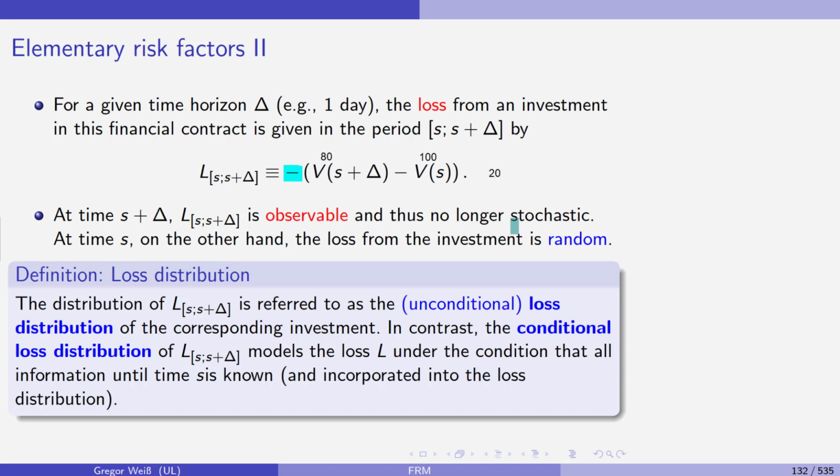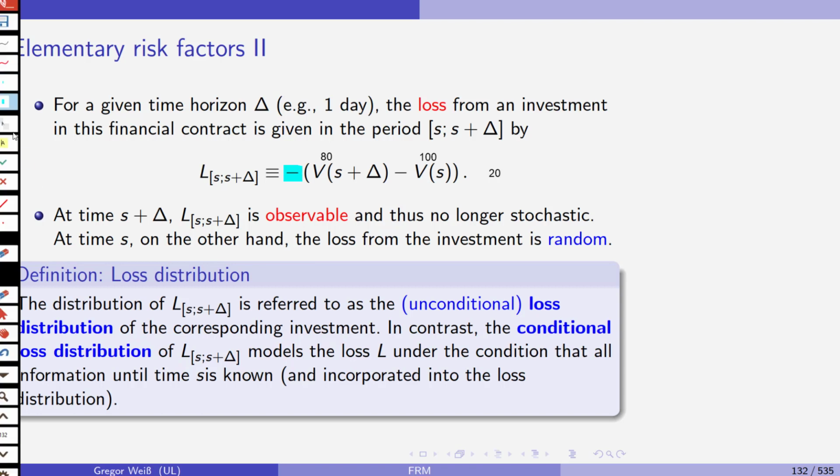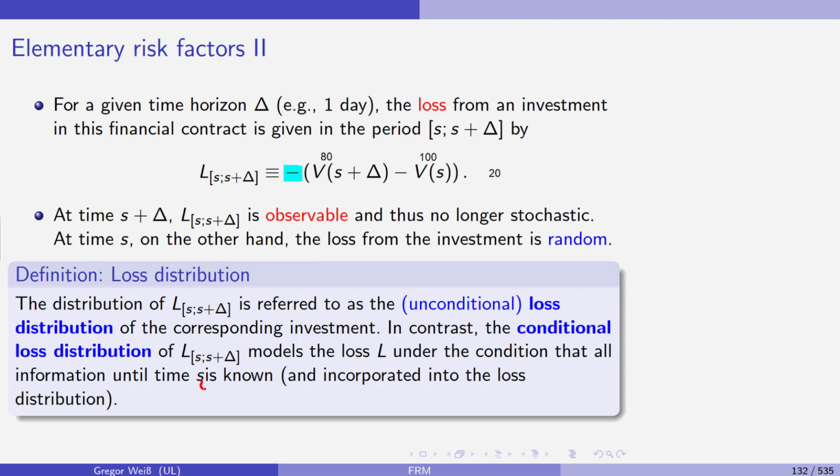So this is how we define, first of all, our loss distribution. The distribution of those potential losses going from s to s plus delta is referred to as the unconditional loss distribution of the corresponding investment. In contrast, if we take L and model it under the condition that all information until time s is known, then it's what we call a conditional loss distribution.